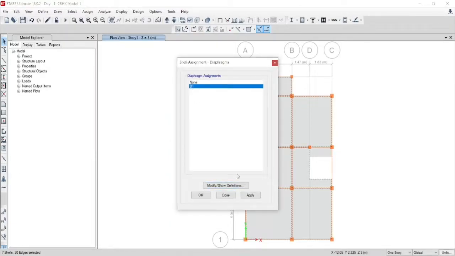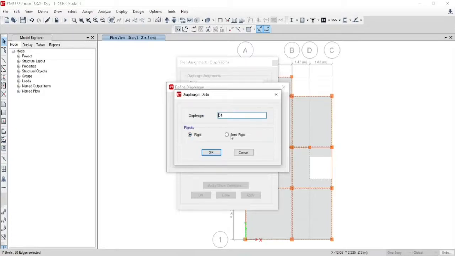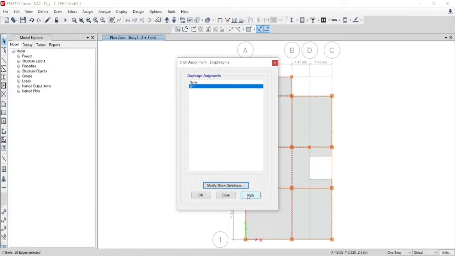D1 is called diaphragm. There are two types of diaphragm here, which are rigid and semi-rigid. So as of now we will be considering the diaphragm as rigid only. Okay, and we have defined the diaphragm. Let us apply.